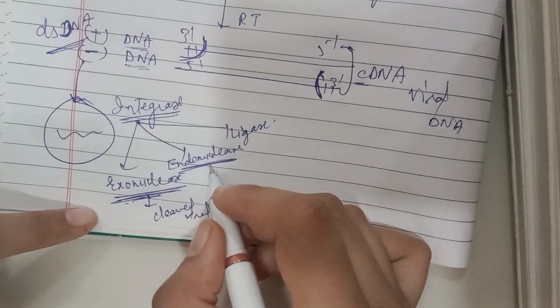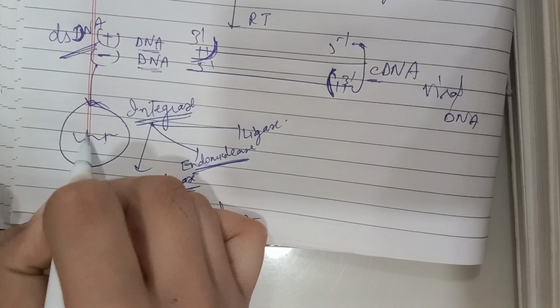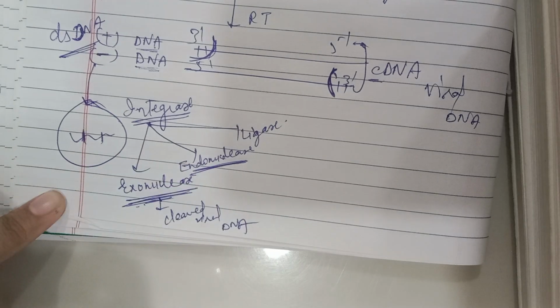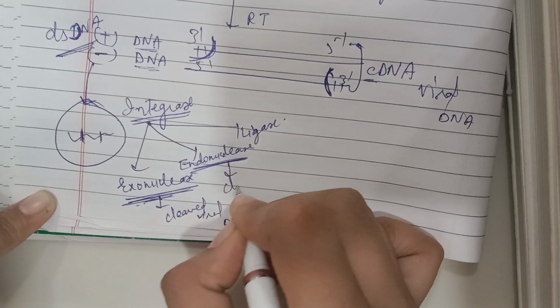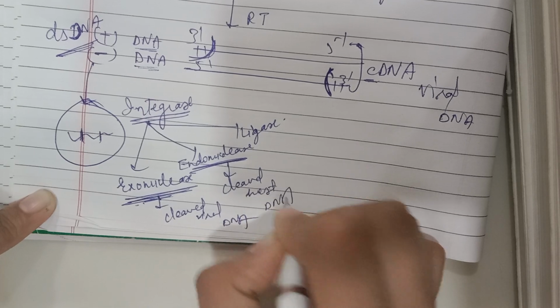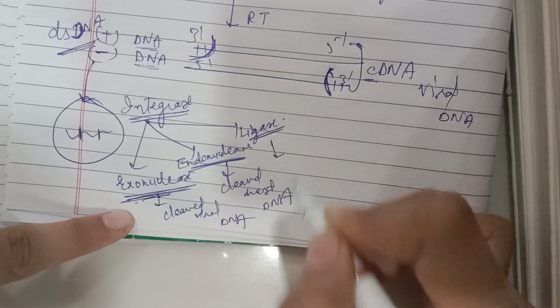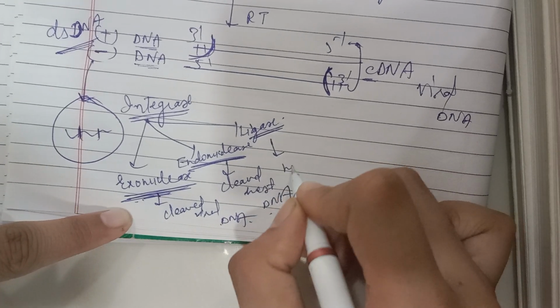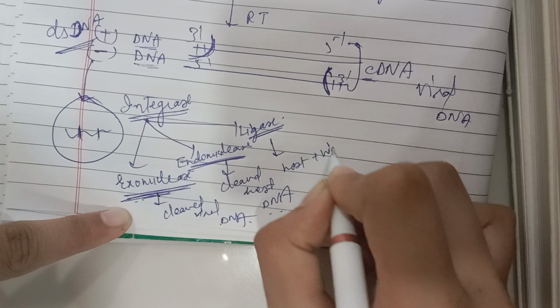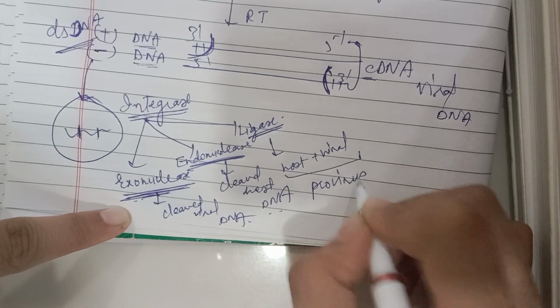Endonuclease activity will cleave the host chromosome at random sites where viral DNA needs to be integrated. So it will give us cleaved host DNA. And again, the function of ligase is to seal. It will seal both the cleaved DNAs and will form integrated host plus viral DNA, which is called provirus.